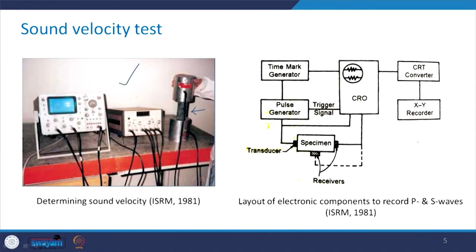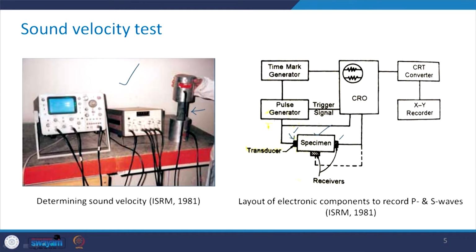If you look at the layout of electronic components, here is the specimen and here is one transducer through which the wave will pass from this point to this point, and there are two receivers.